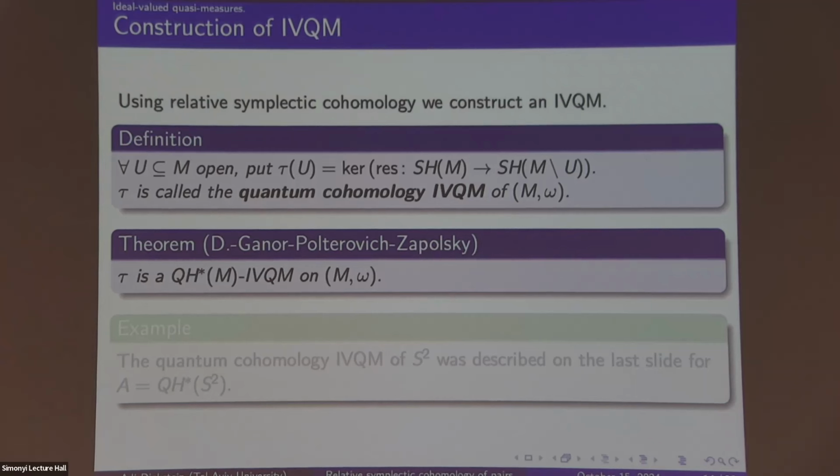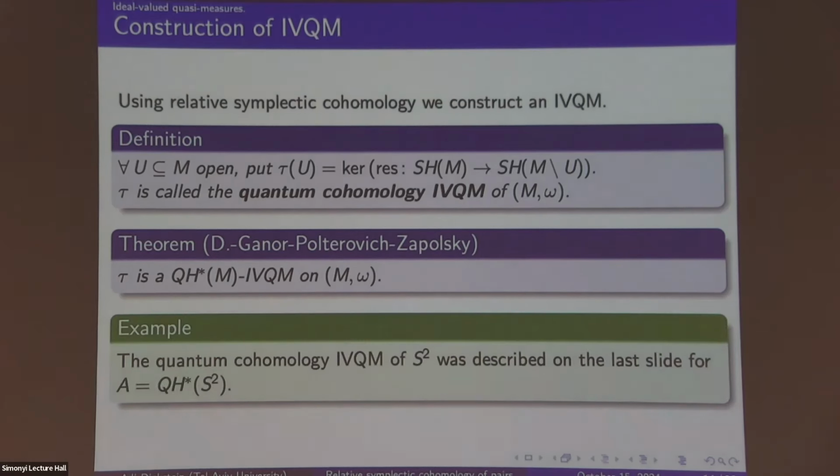So we have to change it a little bit, but this is the main part of the construction. And the example from the last slide gives us the same IVQM for the case where A is the quantum cohomology.